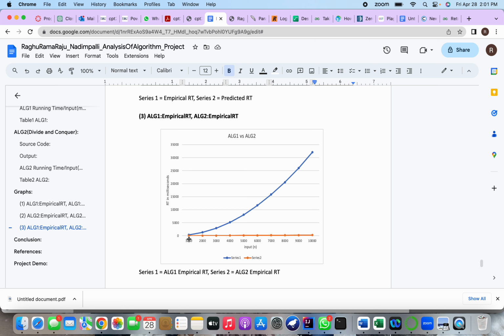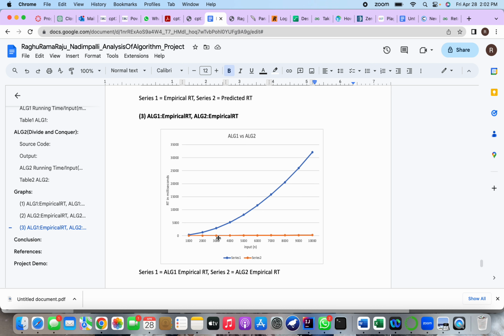Let's say this is my brute force running time for each input, and you can see when compared to the brute force, my divide and conquer empirical RT is almost a straight line near 0, but those are not 0, those are some values.